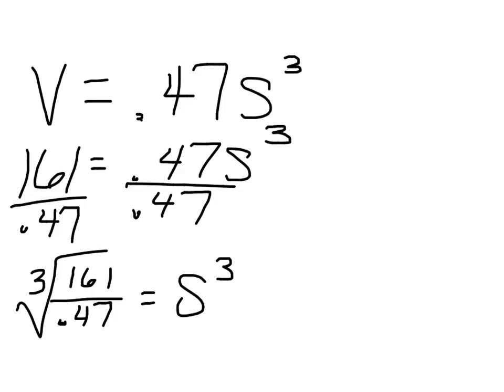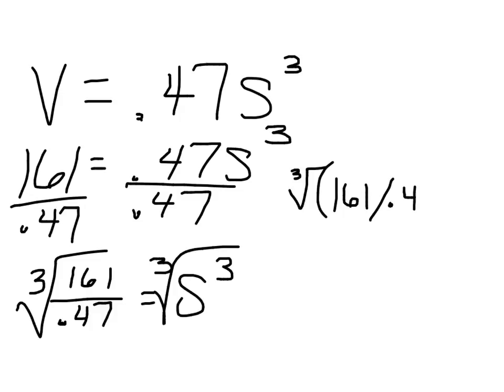Cube root it. Now, when I'm doing that on a calculator, I'm going to cube root that fraction. So I go math, option 4, which gives me a 3 there. Then I put a parenthesis, 161 divided by 0.47, and then I close it, and it should spit out an answer of approximately how much?